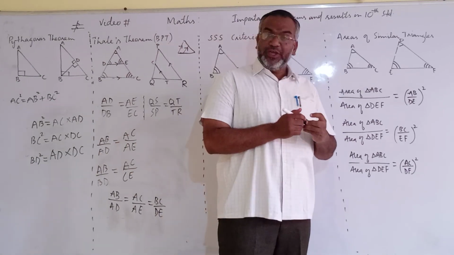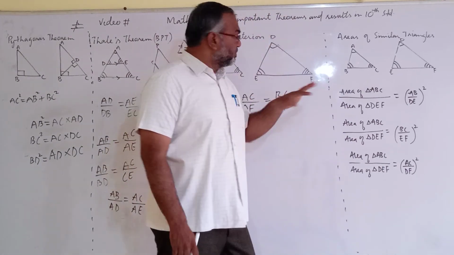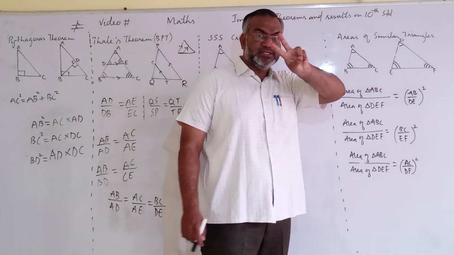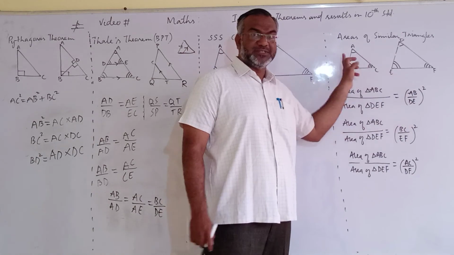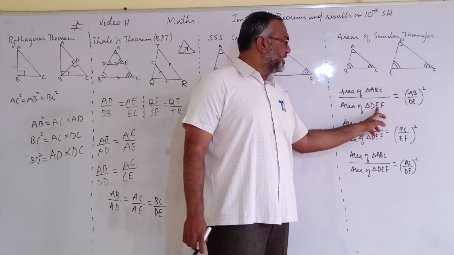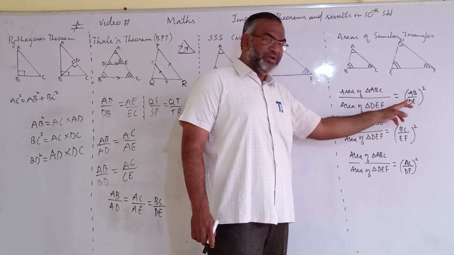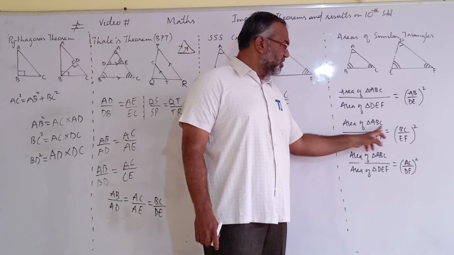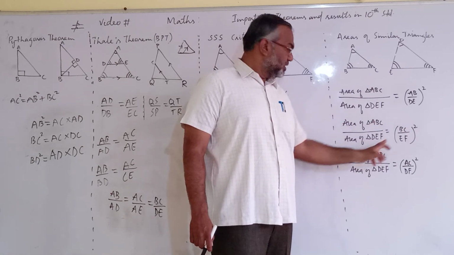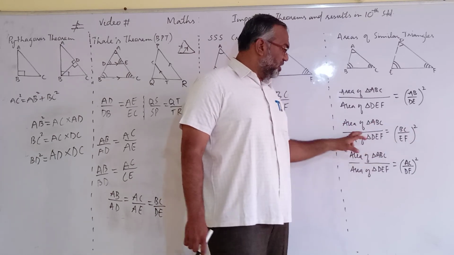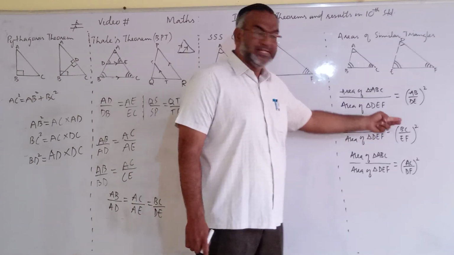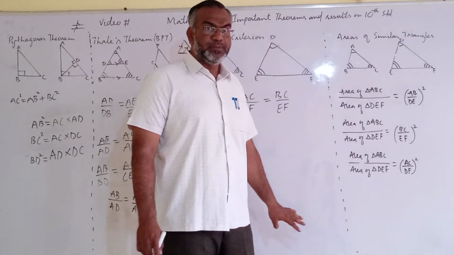In the examination, four things are there: area of one triangle, area of the other triangle, then two corresponding sides. AB is the side of triangle ABC and DE is the side of triangle DEF, right? Since triangle ABC is up, its side comes up, and DEF is down. If you take the reciprocal, that will also be true, but you have to take the reciprocal on both sides.